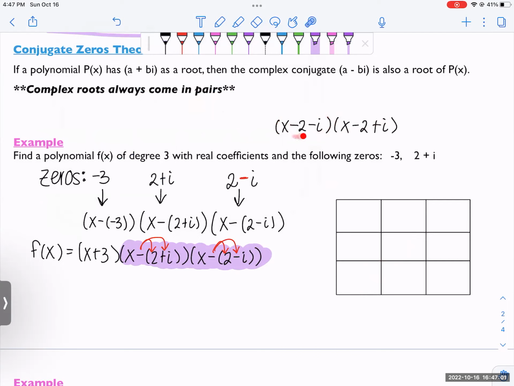So I'm going to take this guy and put him on top. We have x minus 2 minus i. And I'm taking this guy and putting him over here. So we have x minus 2 plus i.